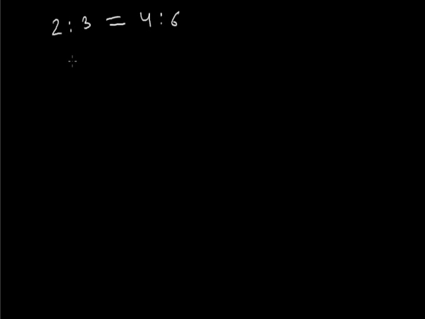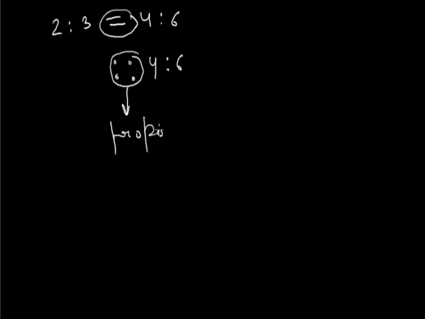4:6. So this equality sign is replaced with a sign of 4 dots. It's just a method of representation. This sign is called the proportionality. It means that these two ratios are proportional, or it is equivalent to saying that these two ratios are equal.